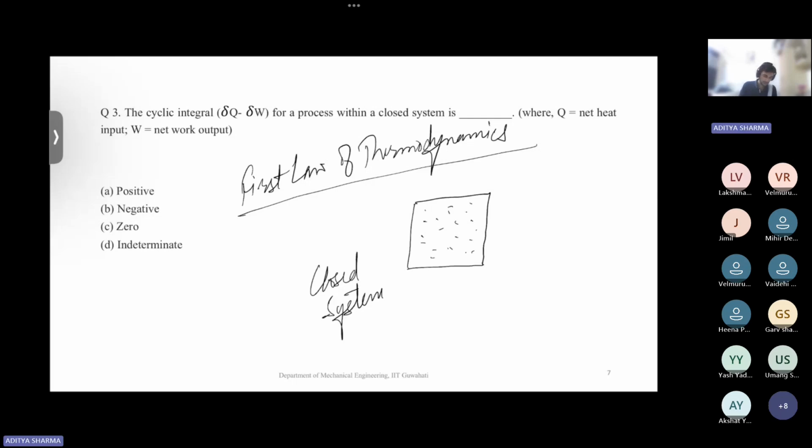If heat and work have to come into the picture in such a system in such a way that your whole process is cyclic, it reaches its initial state after taking some path. Let's say in terms of your PV diagram, it was starting from here and then coming again to A, right?